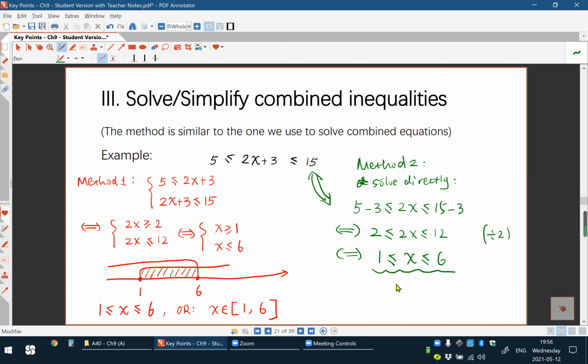And then you can see that we directly find the results, which is x equal to or greater than 1 and equal to or smaller than 6. Okay, you can choose either method. But sometimes I think the first method is more generic. Okay, any questions?